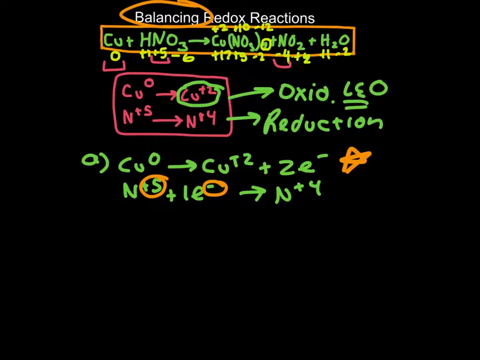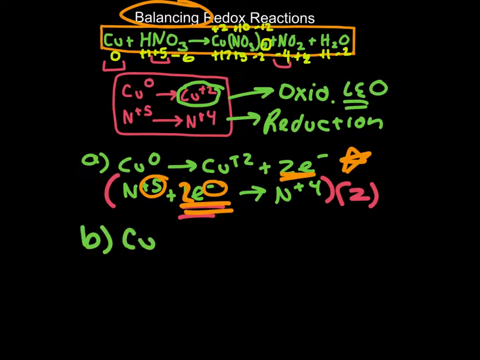Well, let's look at this. In our first one, we have 2 electrons in the product form, right? But in this one here, we only have 1 electron. So what do we have to do? Well, we're going to have to multiply this whole thing on the bottom by 2 in order to make this 2 electrons, right? So now we've got 2 electrons here in the product, and we've got 2 electrons here. So let me just rewrite everything.